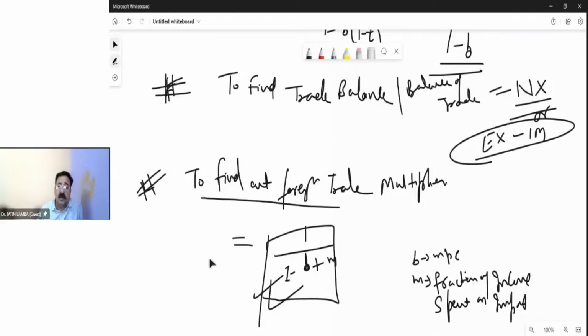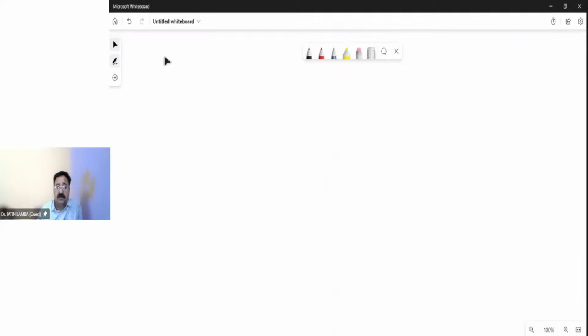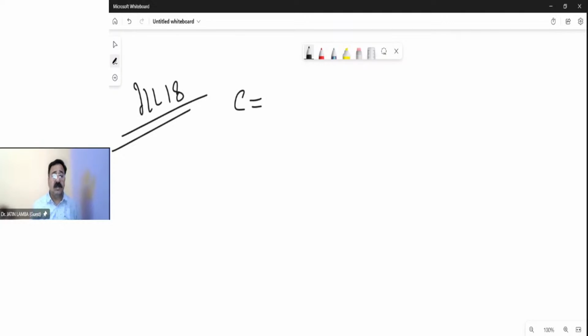See, in illustration 18, consumption function is given 60 plus 0.9 YD.